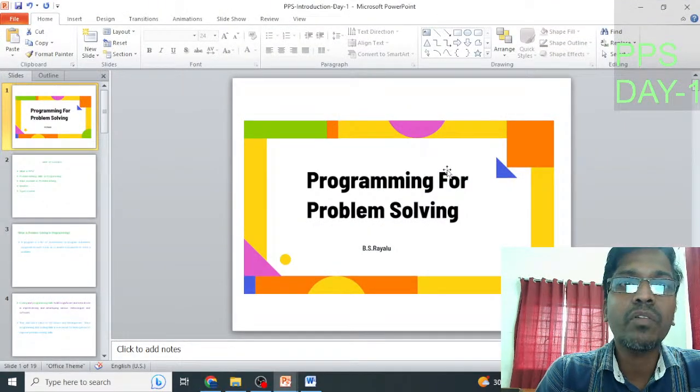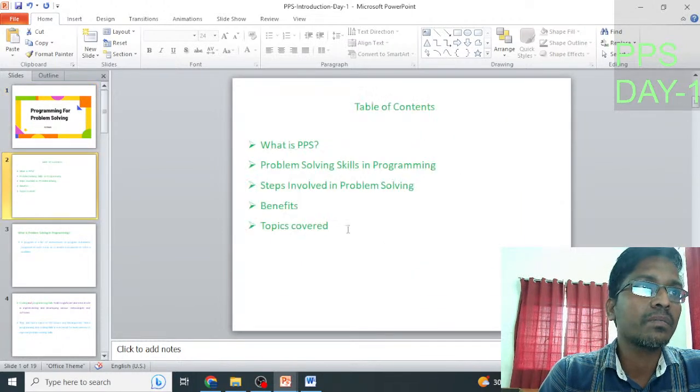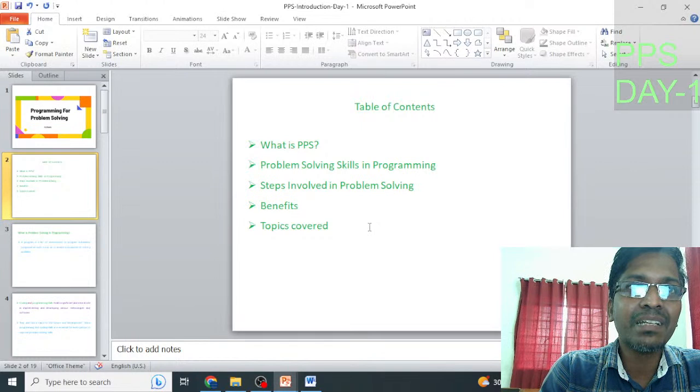So today I want to discuss with you what programming for problem solving is. These are the table of contents I want to discuss in this class. So what is PPS, that is programming for problem solving, and problem solving skills in programming. What are the skills required for solving a programming problem?